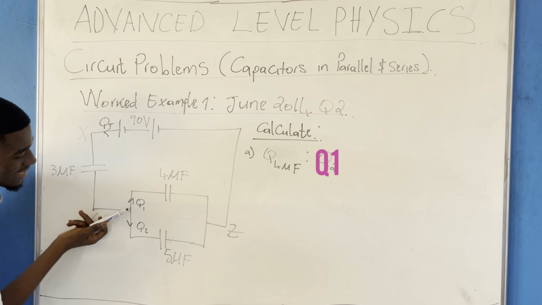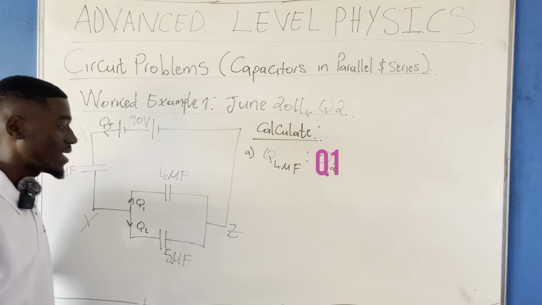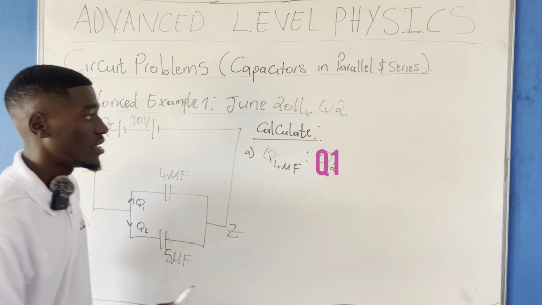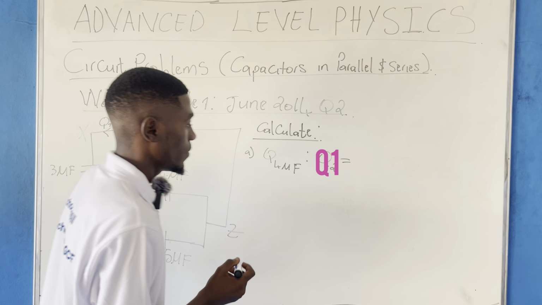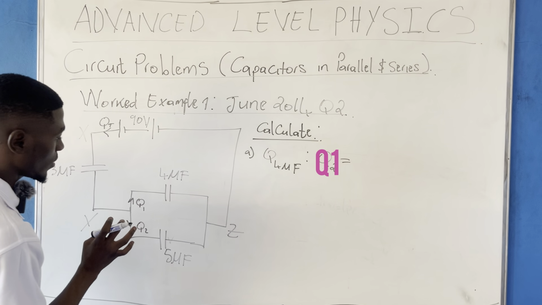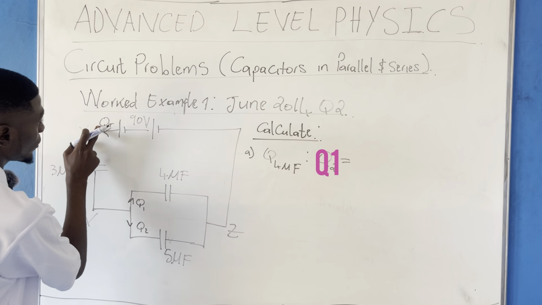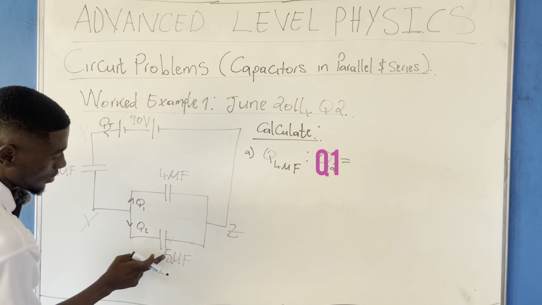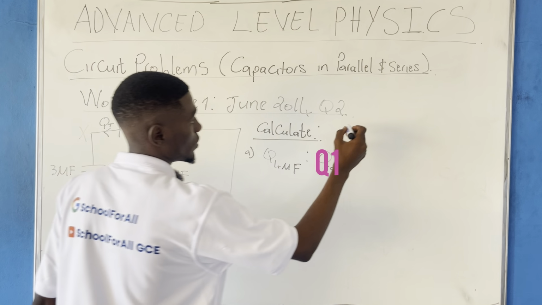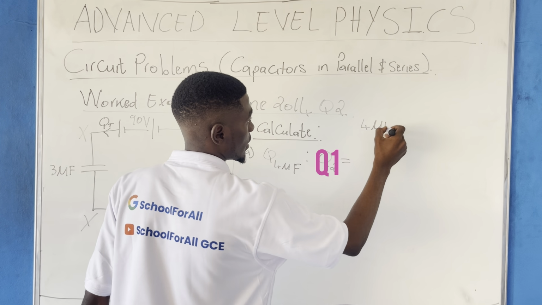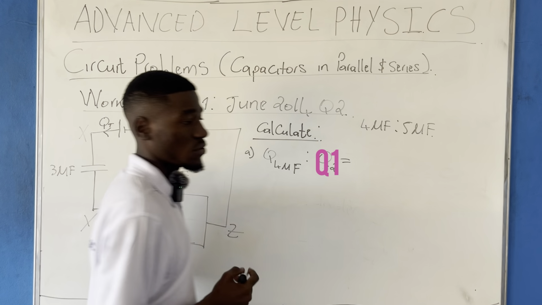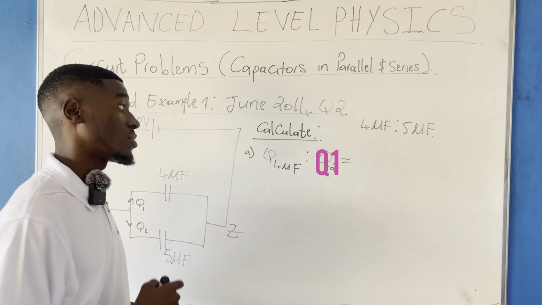And we all know that anytime I have the charge divided into 2, I should apply the charge divider, which says I will share this Q total between the 4 microfarad and the 5 microfarad. So let us apply the formula that I just showed.